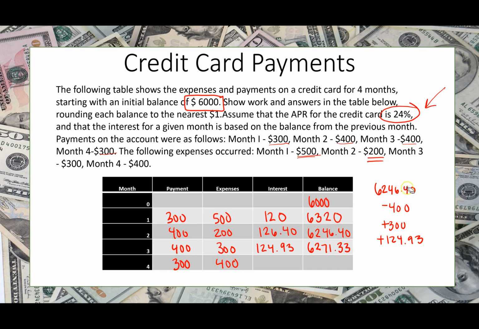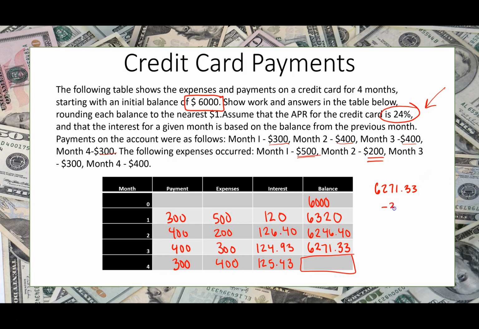All right, so now I'm going to take that new amount, $6,271.33, and I'm going to multiply that by 0.02, and I get an interest of $125.43. All right, to get this final amount, I take this $6,271.33.